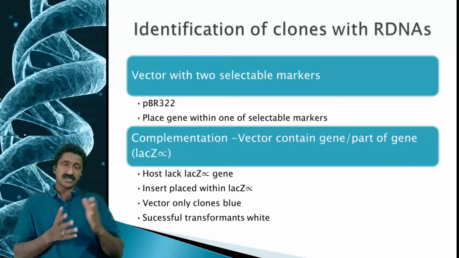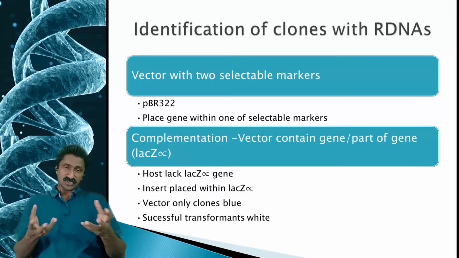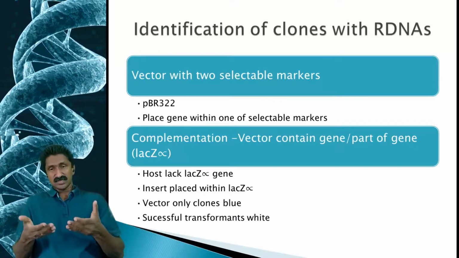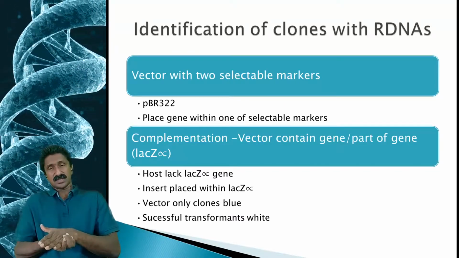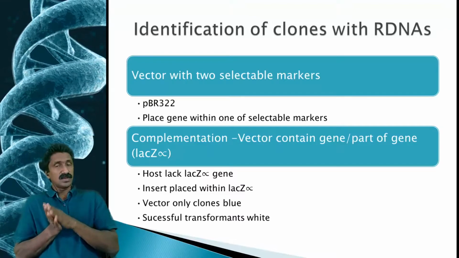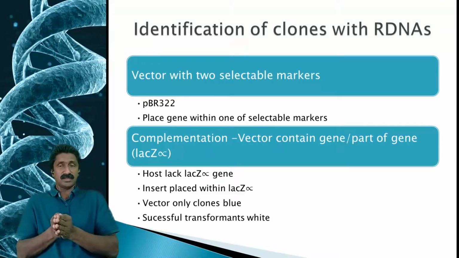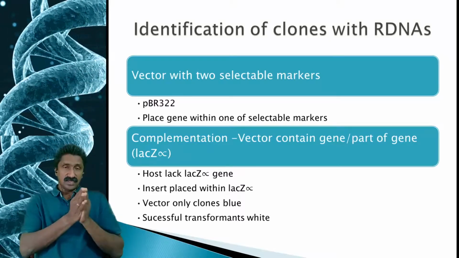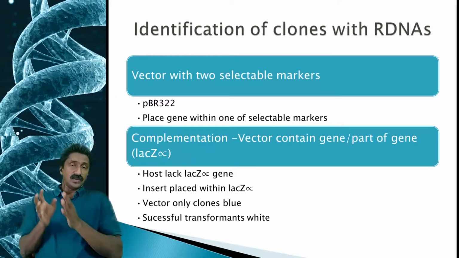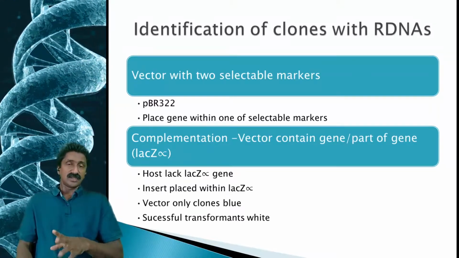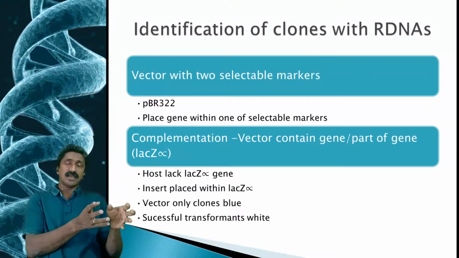That results in a difference in the expression of the two types of antibiotic resistance. So pBR322-containing cells can grow in both antibiotic-containing media, whereas the rDNA-containing constructs can only grow in tetracycline-containing medium, not in ampicillin-containing medium.